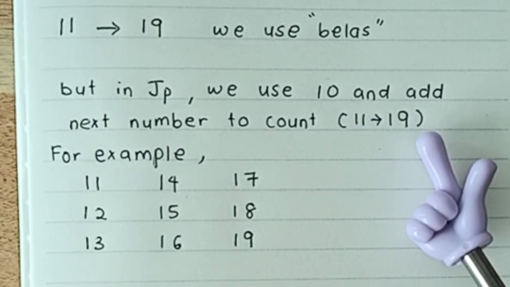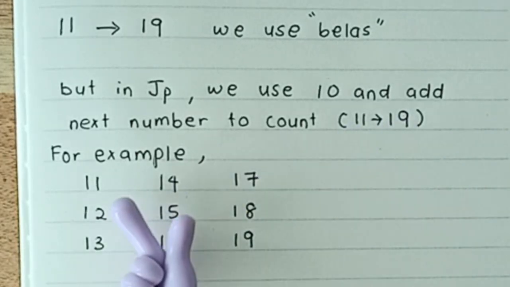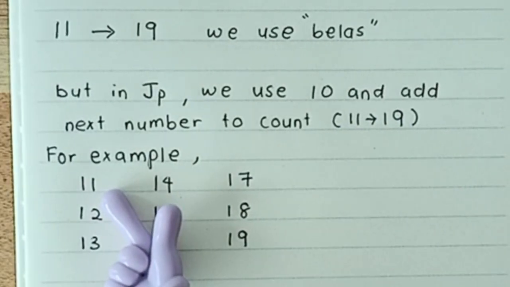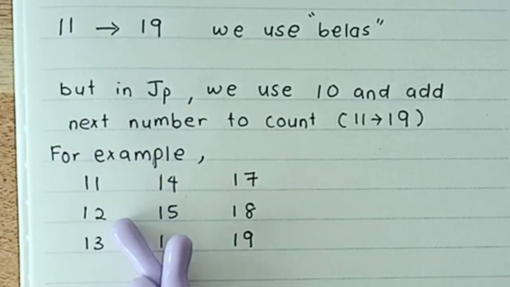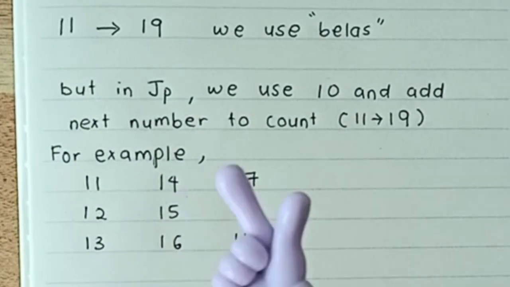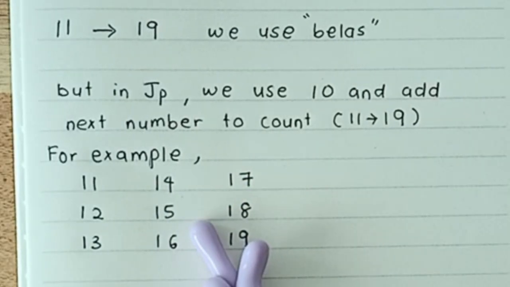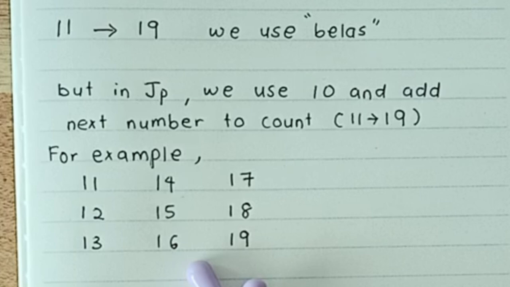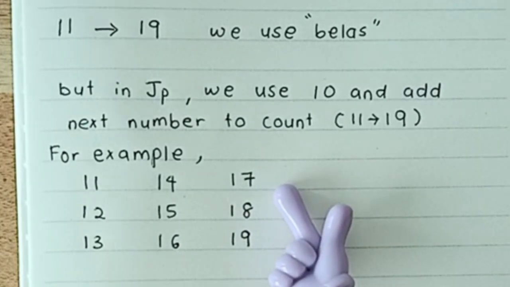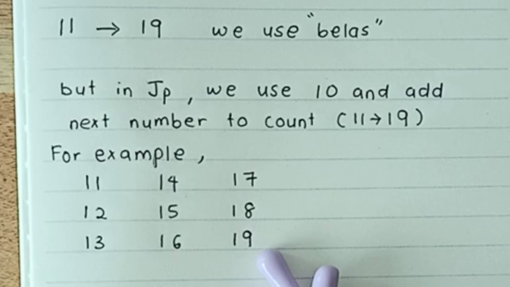For example, in Malay we say 11, 12, 13, 14, 15, 16, 17, 18, 19.